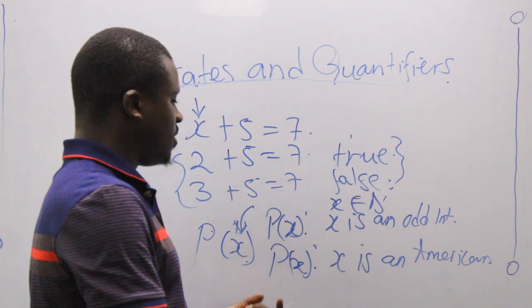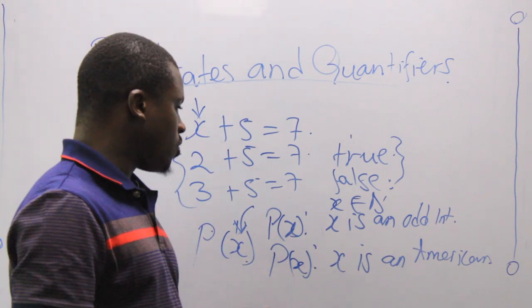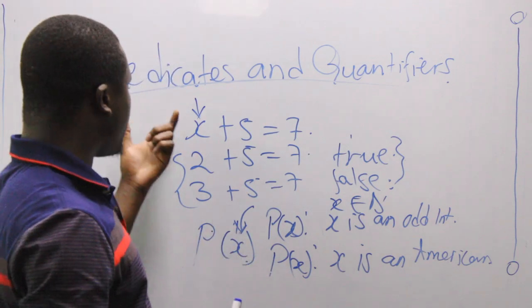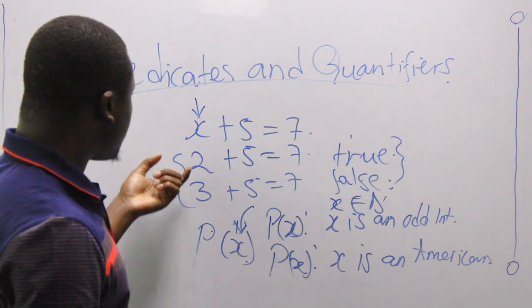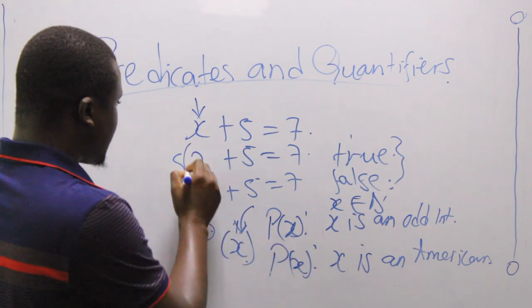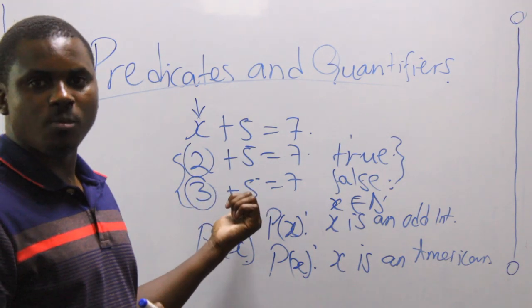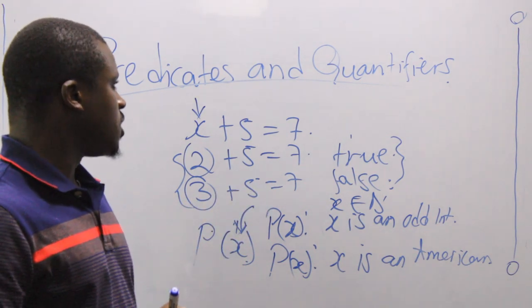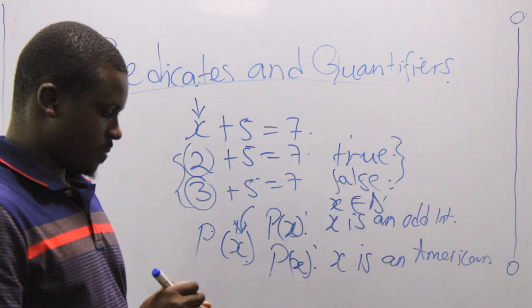If you are an American, therefore our P of x will be true. So this is what we call a predicate in its domain. The values that we put here, like 2 and 3, are values coming from our domain. So now we are going to talk about the quantifiers.